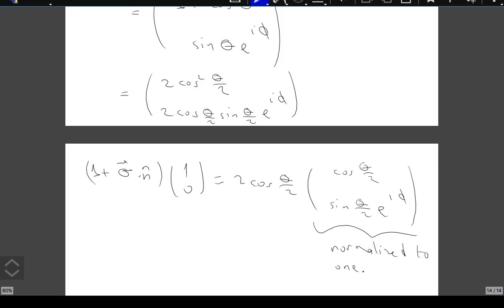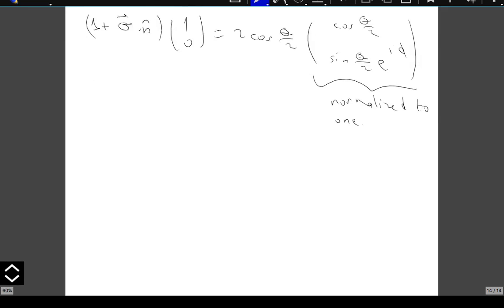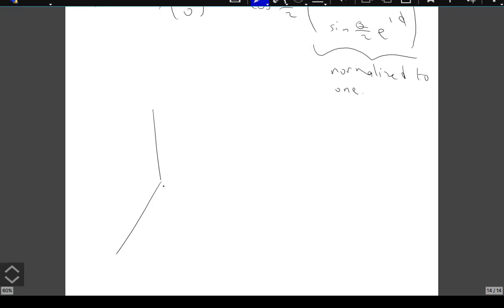We can obtain the same eigenket by slightly different means. Let's say this is my n hat direction. I'm looking for a spin pointing in that direction. This is my angle theta, and this is my angle phi.